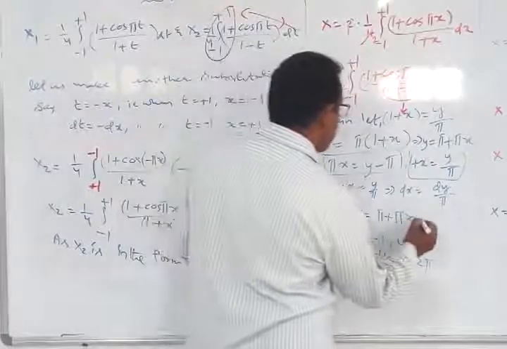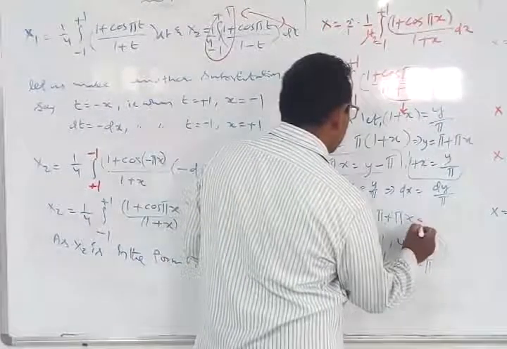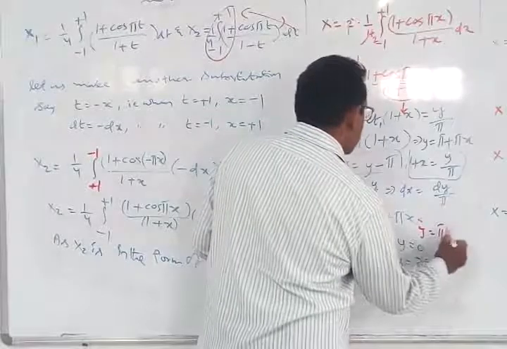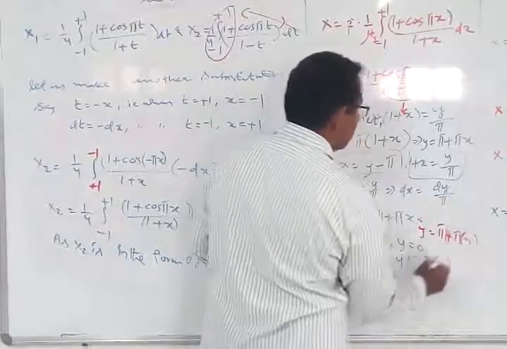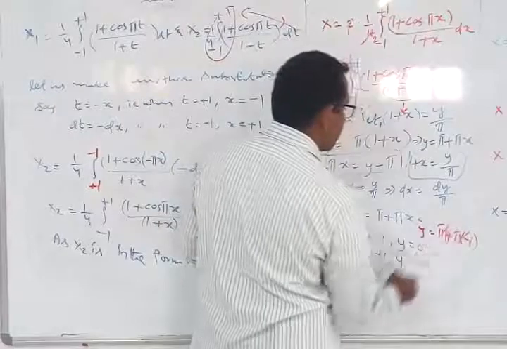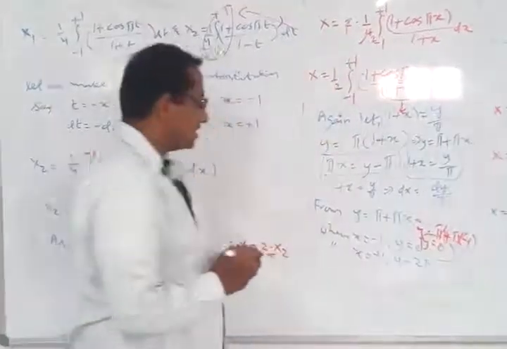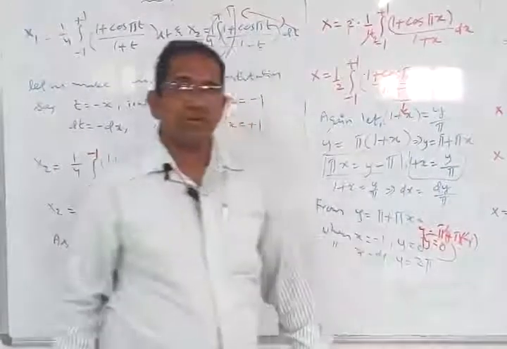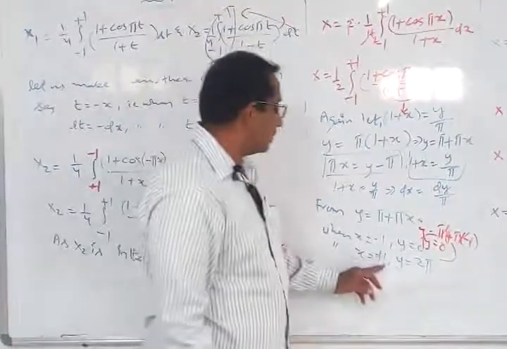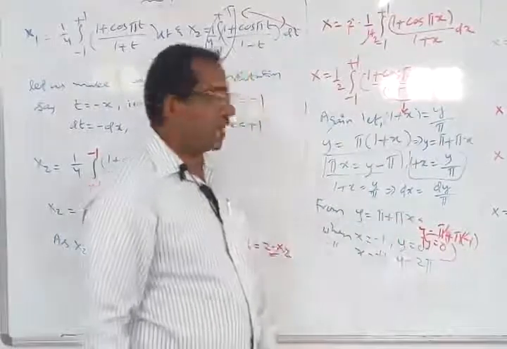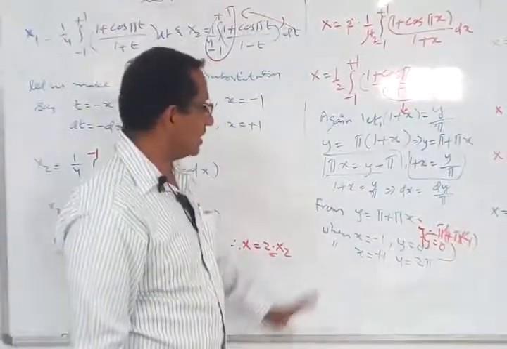When x is equal to minus 1, y is equal to pi plus pi into minus 1, that is minus pi plus pi. These two get cancelled, and we get the value 0. So when x is equal to minus 1, we get y equal to 0. Similarly, when x is equal to plus 1, pi plus pi is 2 pi, so the limits are 2 pi.